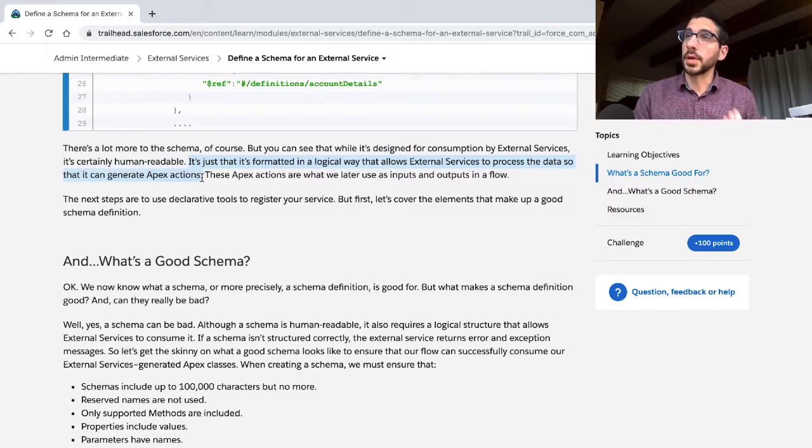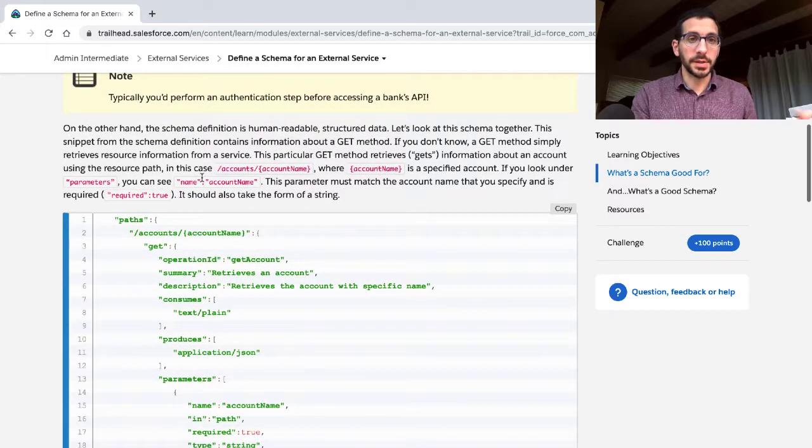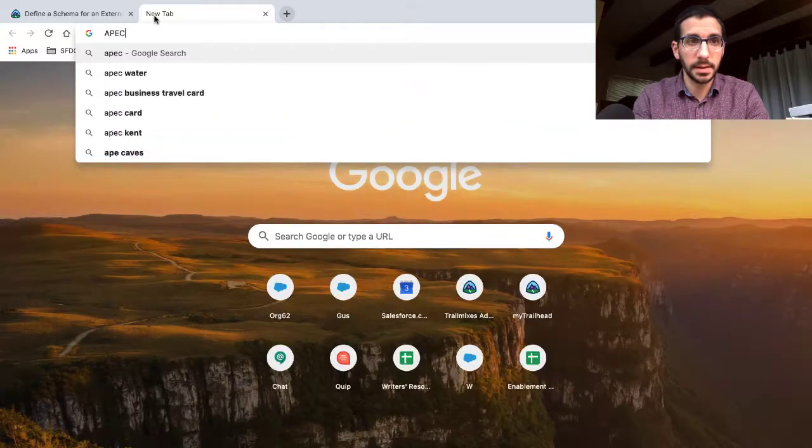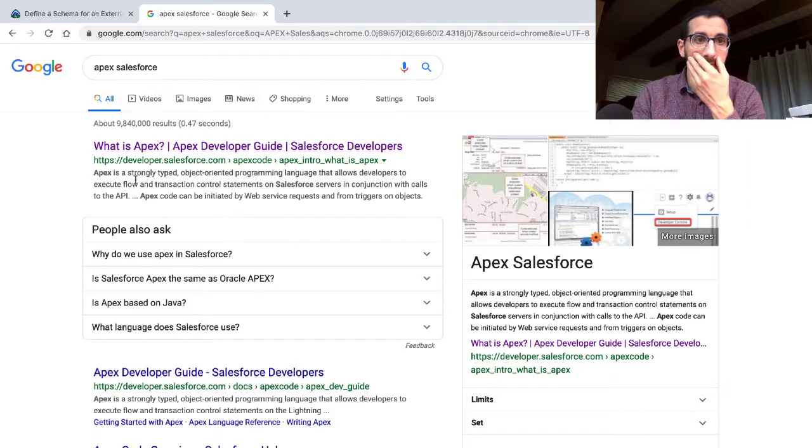A schema is human readable. If this counts as human readable, that's debatable, but a schema is human readable, tells you what sort of information you can get, and is structured so once you retrieve that information, you could then run Apex actions. Apex is the programming language used within Salesforce, I want to say. Strongly typed object-oriented programming language.